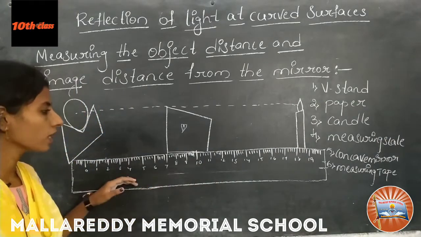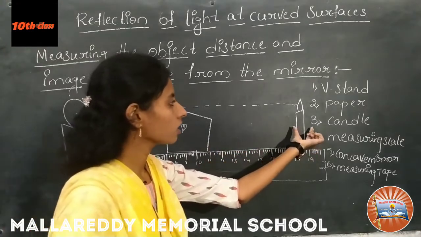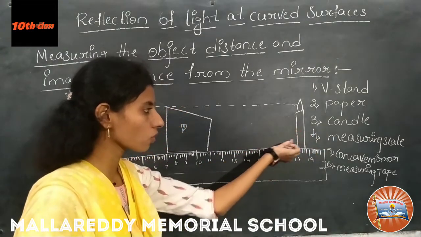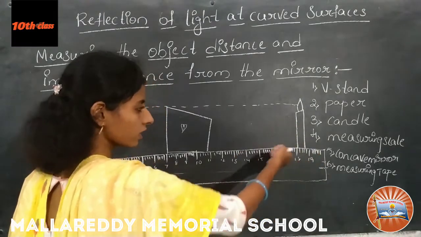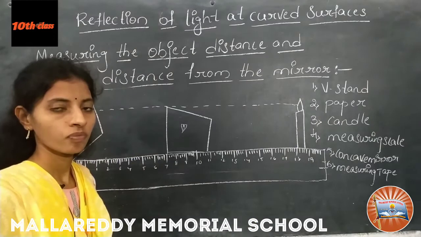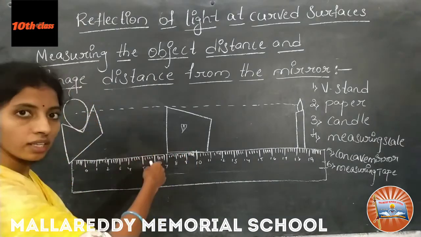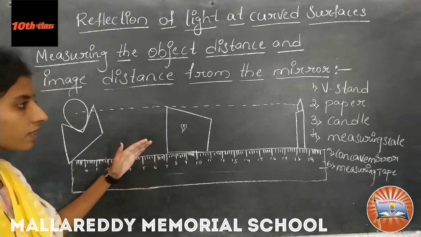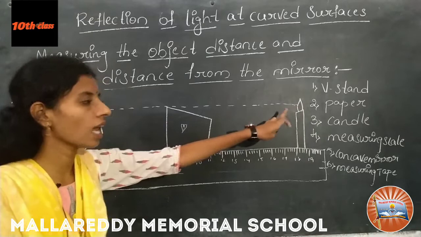Right? Here we have to change the position of the candle. We have to keep the candle at different positions, and move the paper in front of the mirror to get the sharp image of this light.